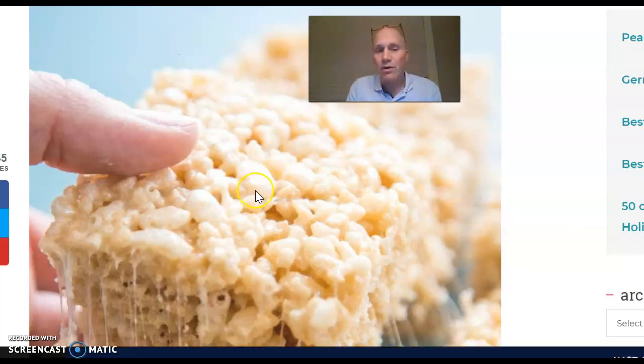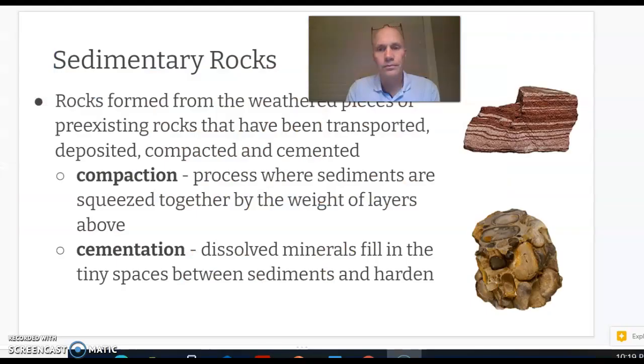All right. But the thing about a Rice Krispie treat that I think most people know is that if you look closely enough at it, you can still see the existing Rice Krispies that went into it. So there are tiny little Rice Krispies right here. Sedimentary rock works the same way.